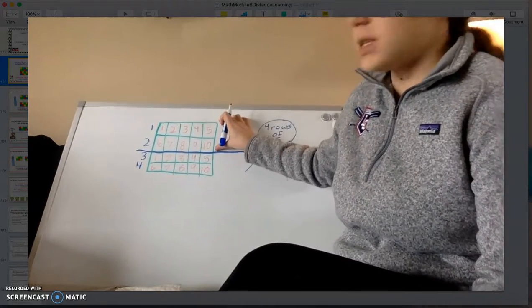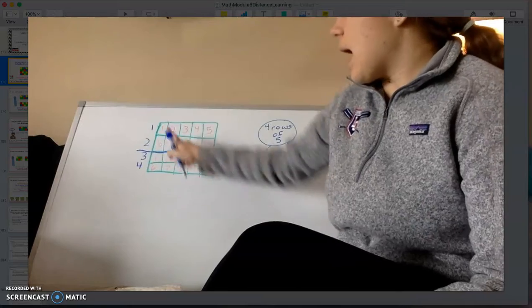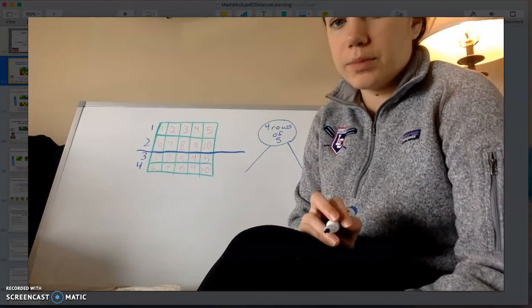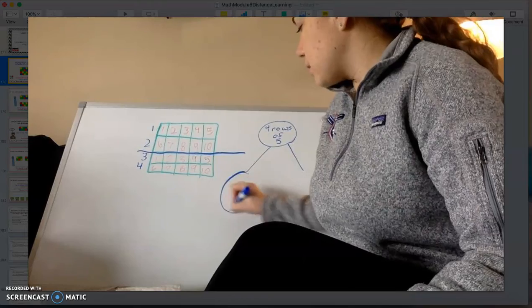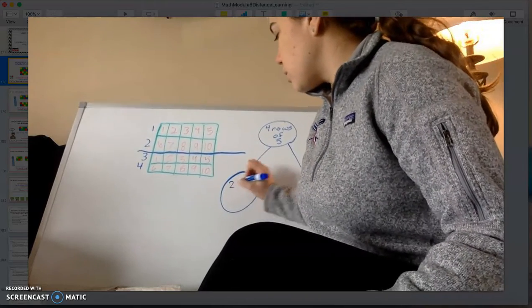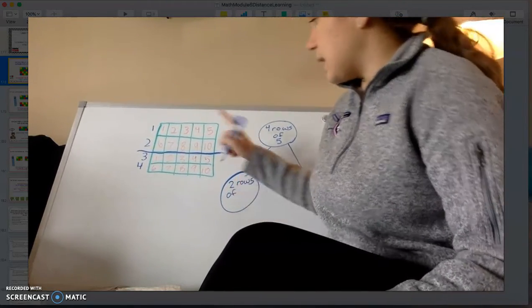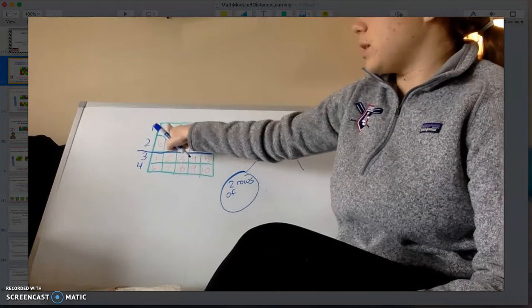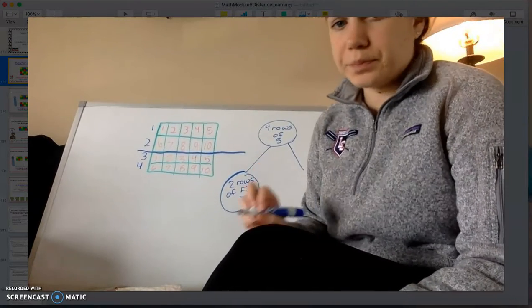If we look at just our top rectangle, how many rows do we have now? 1, 2. Good. We have 2 rows of, and how many are in each row? 1, 2, 3, 4, 5. 2 rows of 5.